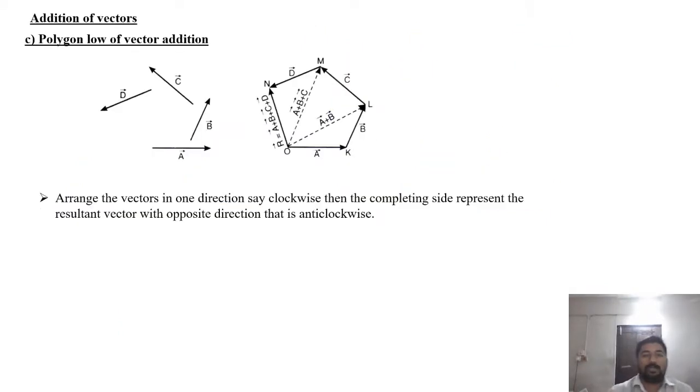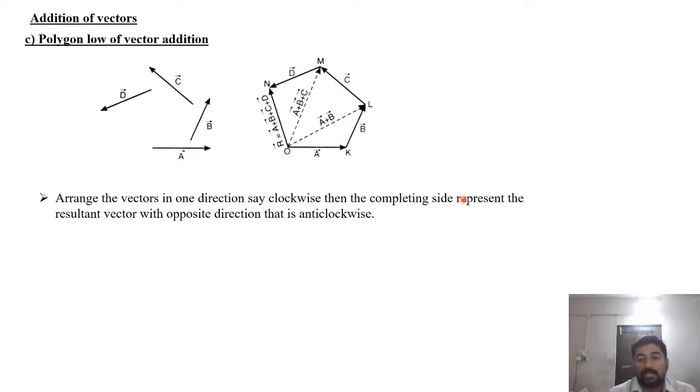One more method is there to do the addition of vectors. If you have more than two, an n number of vectors, how will you add them? By vector addition. Say you have vectors A, B, C and D. What you have to do is arrange the vectors in one direction, say clockwise.